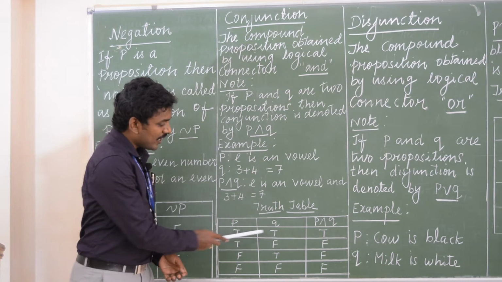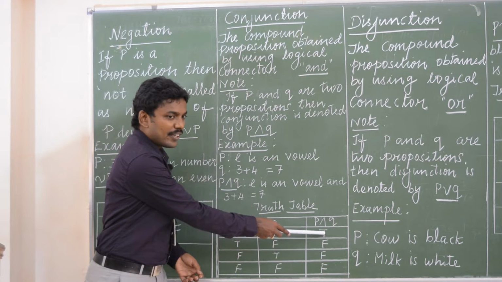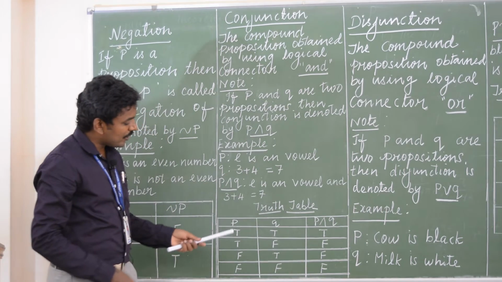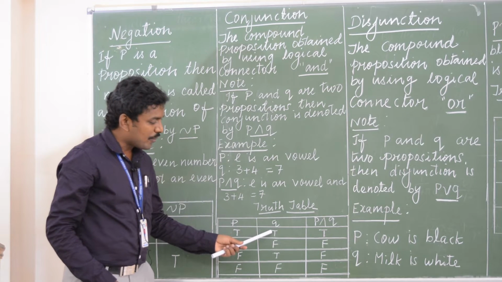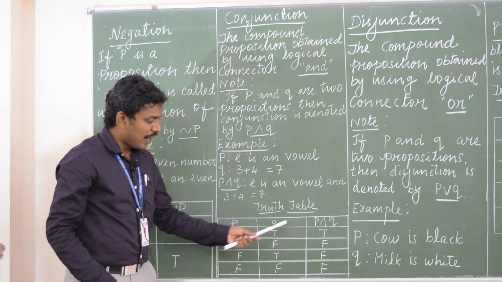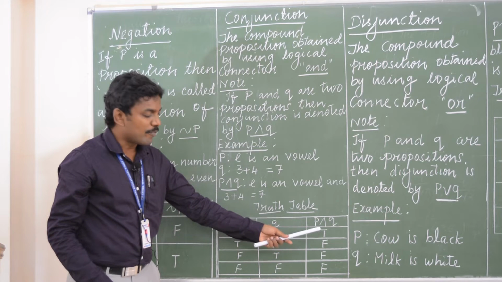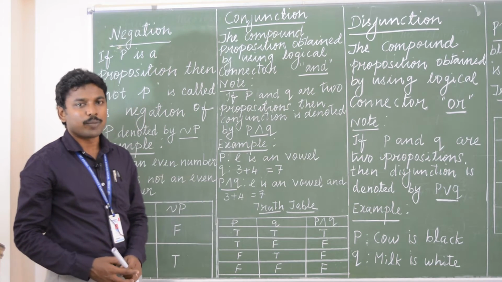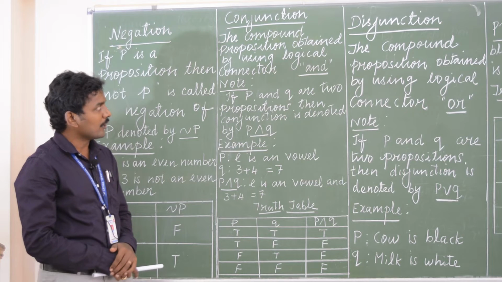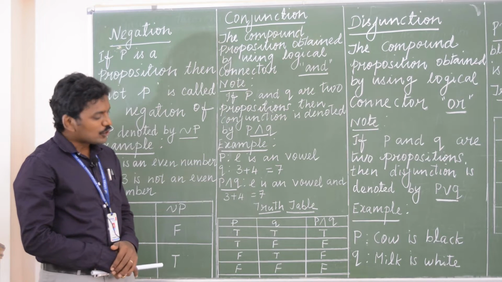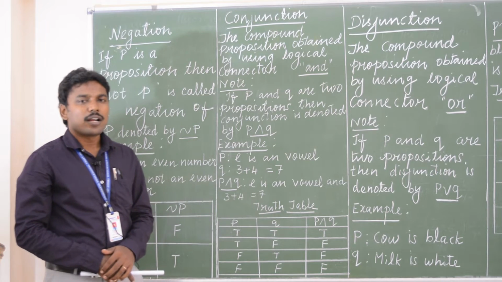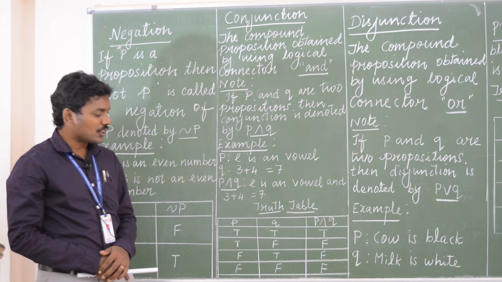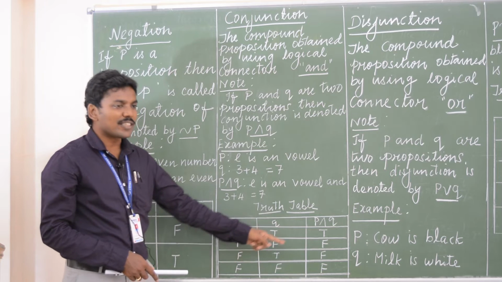Therefore T and T gives T. Therefore in the truth table of conjunction, if both P and Q are true, then only the conjunction is true. In all other cases it is false.